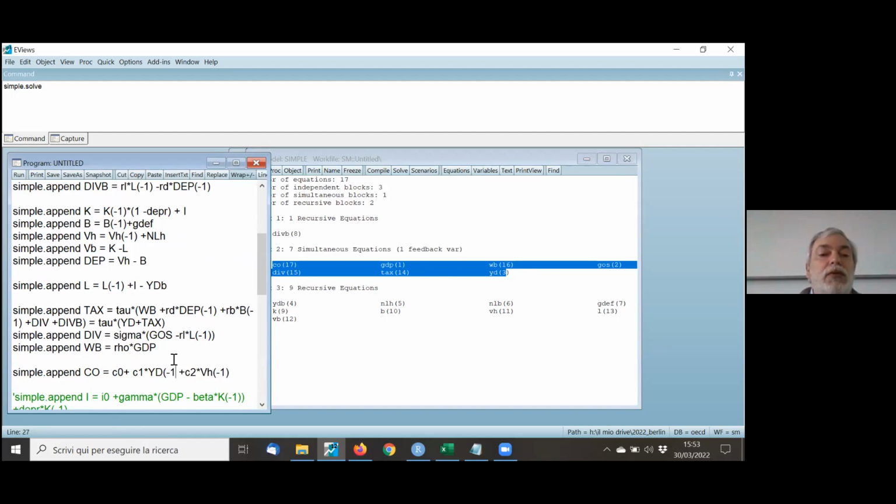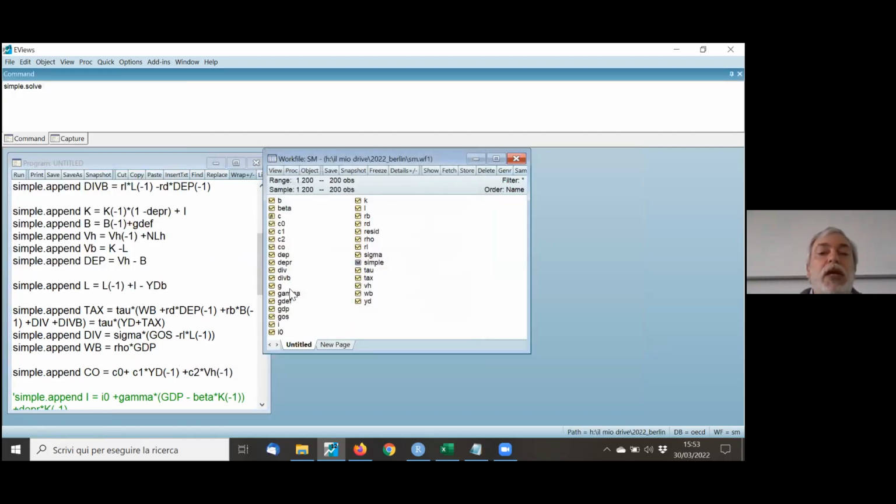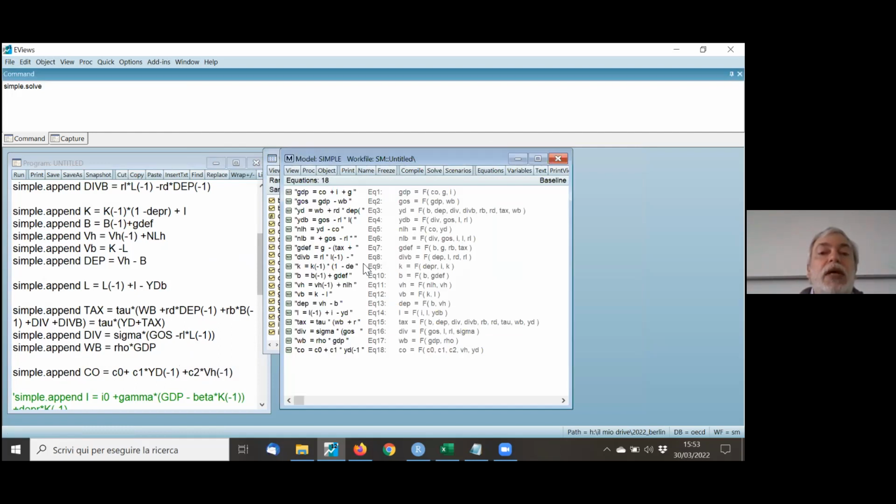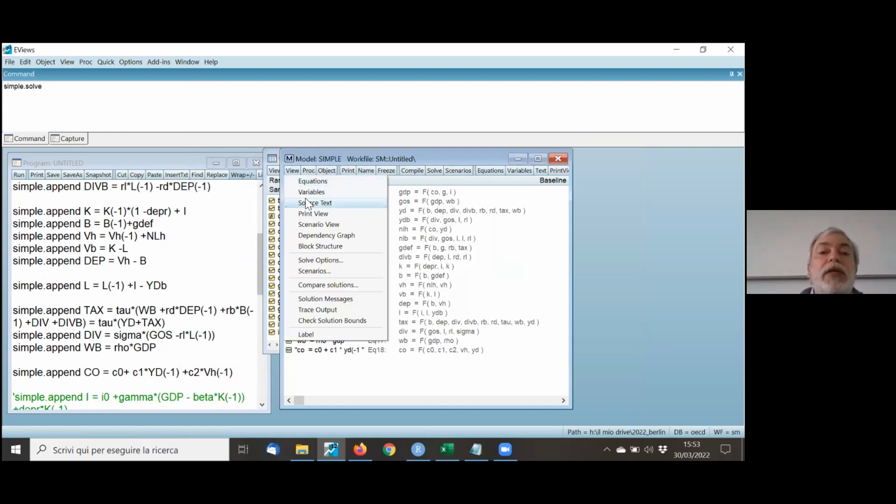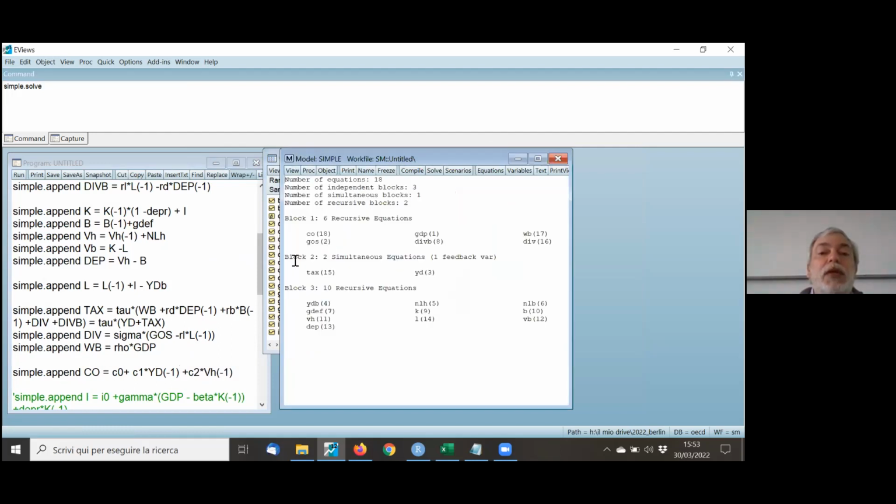So one brutal way to go, as I suggested earlier, is to reduce the simultaneity. Now, if I reduce the simultaneity, this should be completely recursive. And the only thing is here, this is the tax.